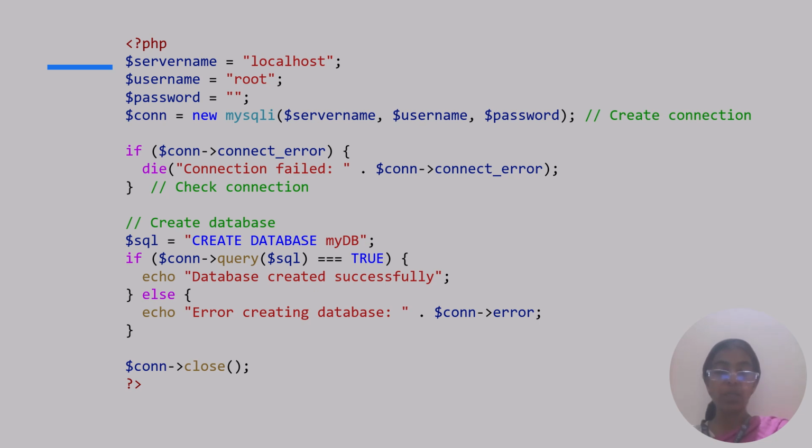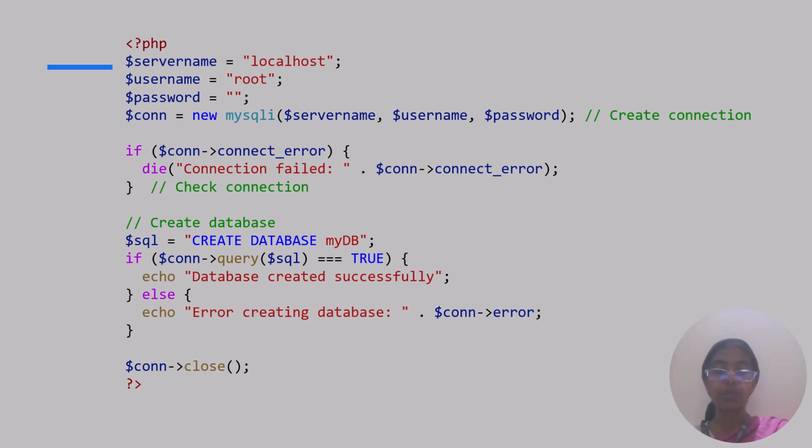So these are the values, and we are going to create a MySQLi object that is saved in $connection CONN. So this is the object which we are trying to create for the connection.